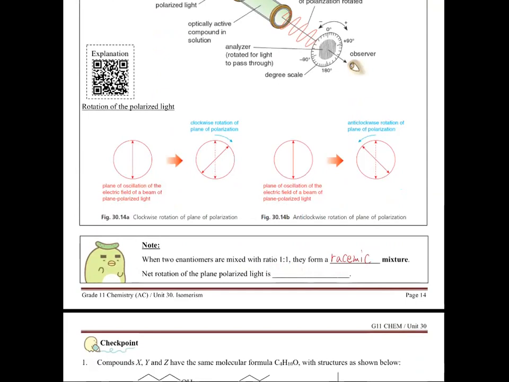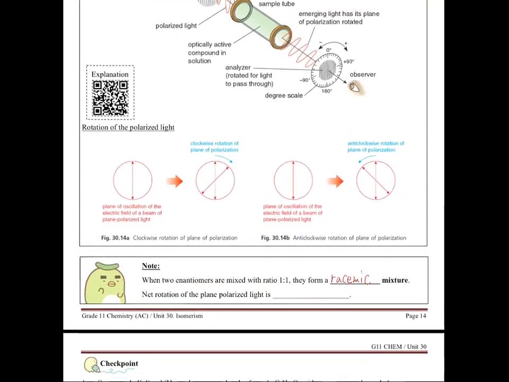They form a racemic mixture because one of the enantiomers would turn the light clockwise and the other one would turn it anti-clockwise. And they are in a 1 to 1 ratio, so the net rotation of the plane polarized light is 0. It cancelled out.